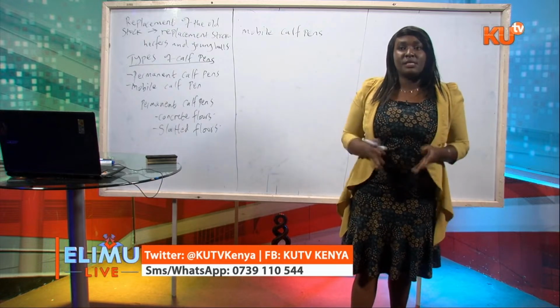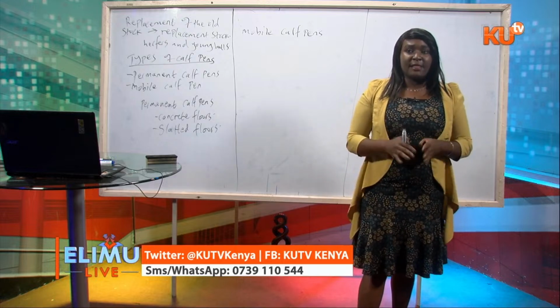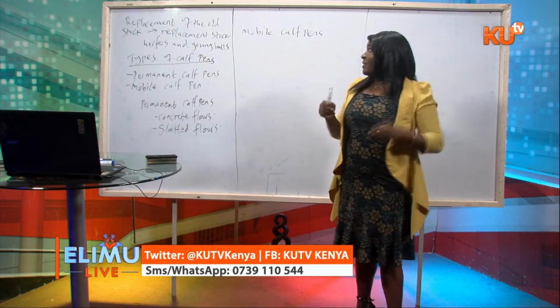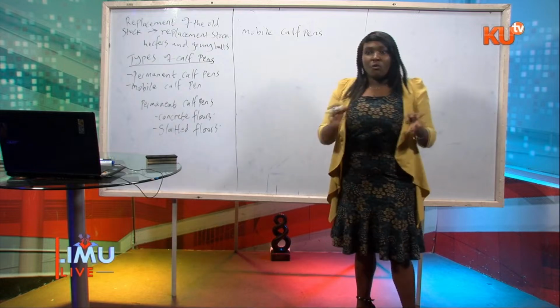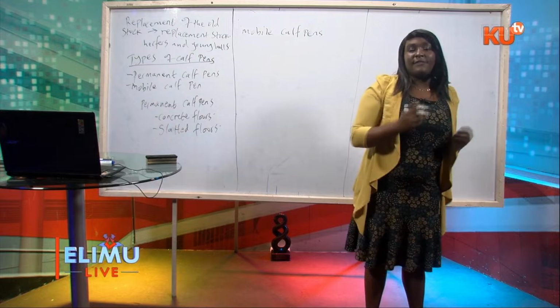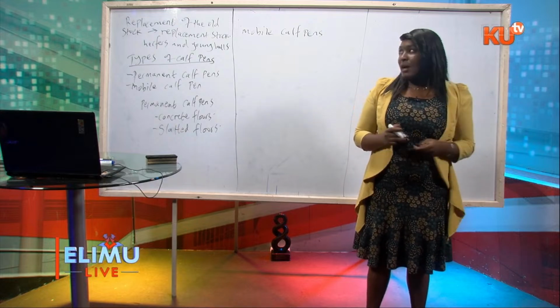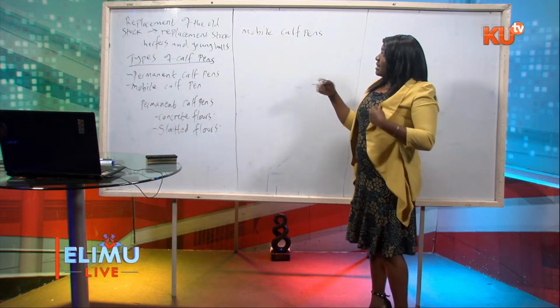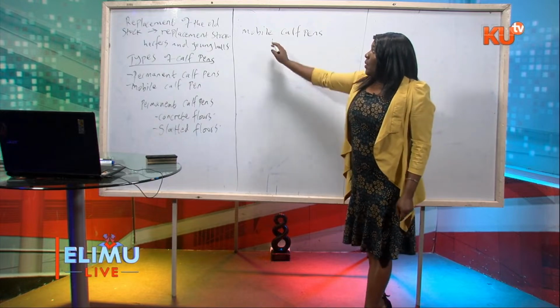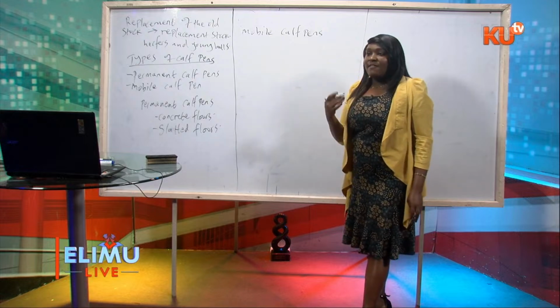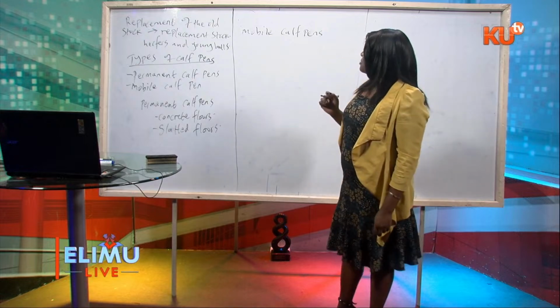It is empty, or rather it is open. The floor is open, but the rest of the area is constructed, so that when you move with the calf and look for fresh pastures, the calf will be able to feed on fresh pastures.